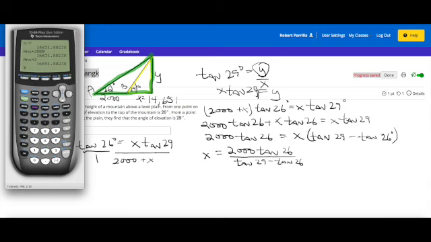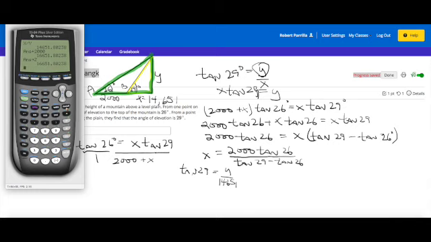The tangent of 29 is already there. We can just use it to verify, I guess. But the tangent of 29 is equal to y over that 14,651 that we just got a second ago. So I'm going to use that. So it's going to be 14,651 times the tangent 29.